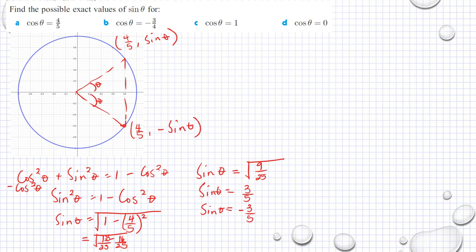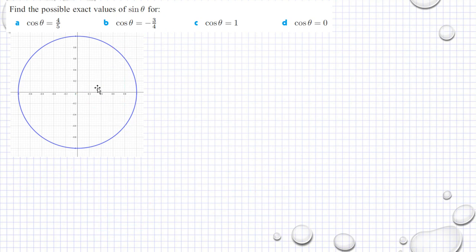Okay, I'm just going to prepare for the B, and then I will solve it later. I will pause. Let's continue. Our cosine is negative 3/4. So we have negative 3/4 here. There you go. That means it should be there.